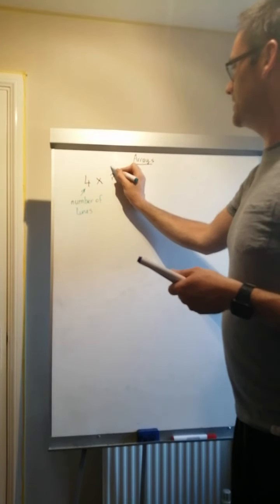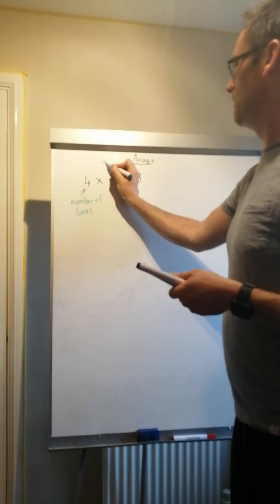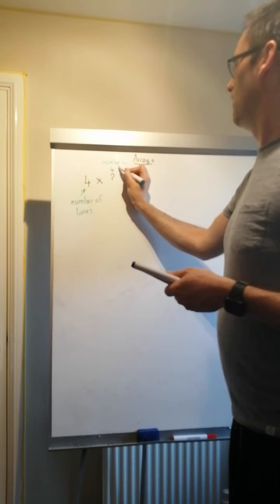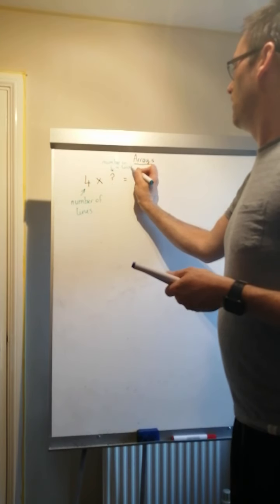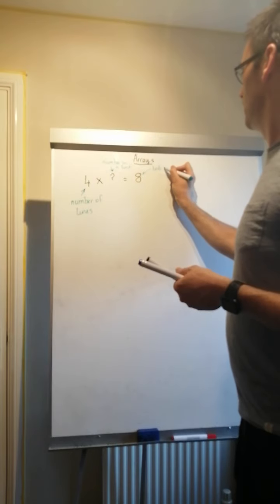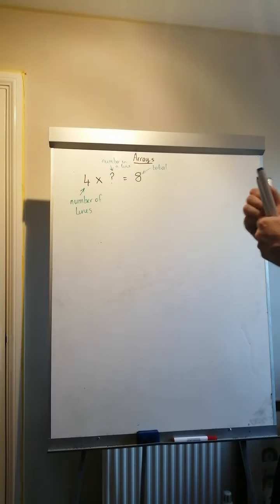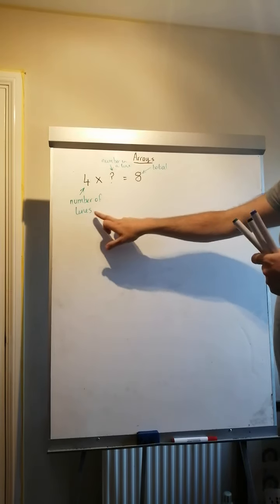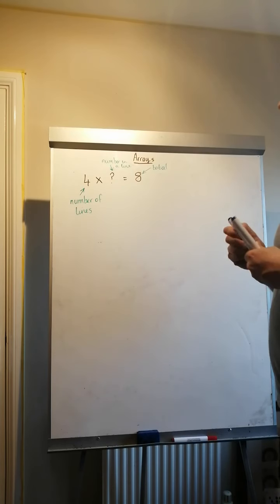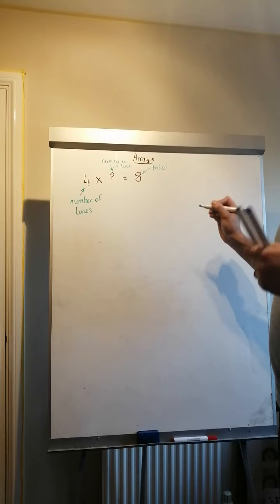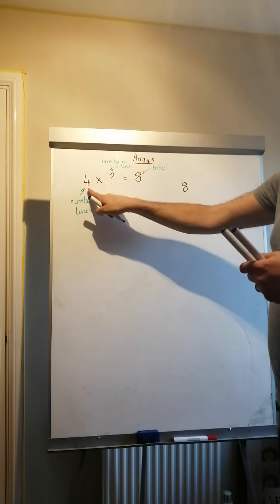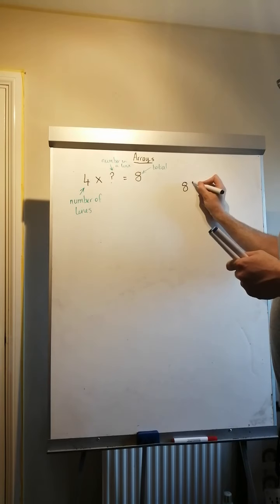Okay, this is number in a line. Okay, and this is the total. So I know I have 8, and I'm going to split it into 4 groups. So I can write that as a division. 8 divided into that many lines.